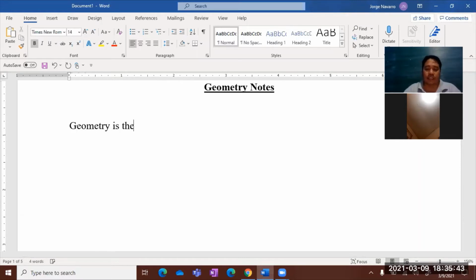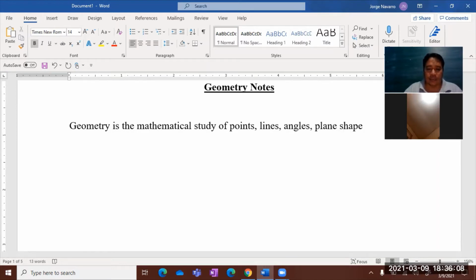Geometry is a mathematical study of points, lines, angles, plane shapes, solids, and their properties. Their properties in 2 dimensions, or what we call 2D.